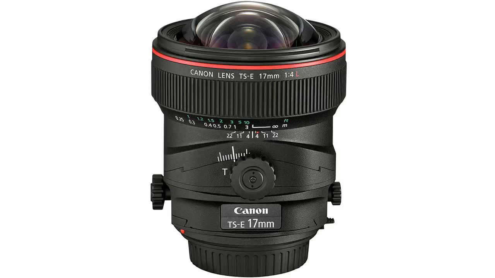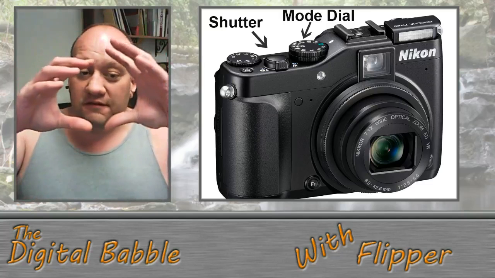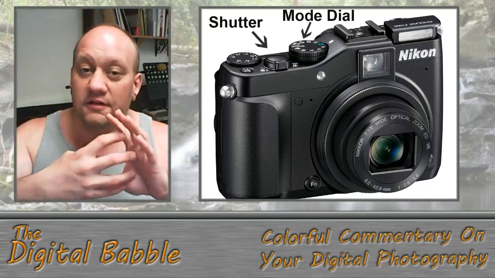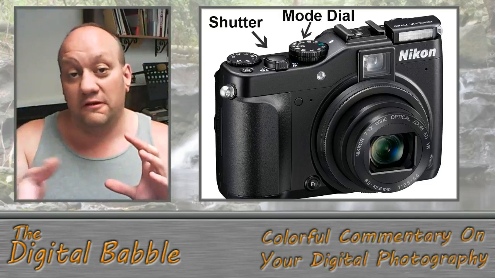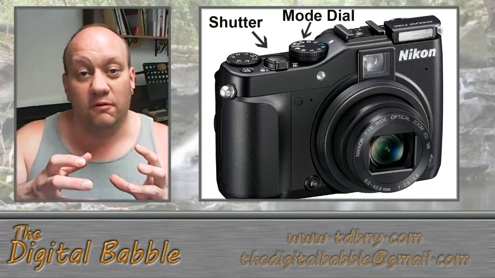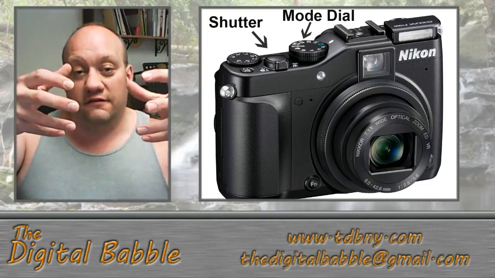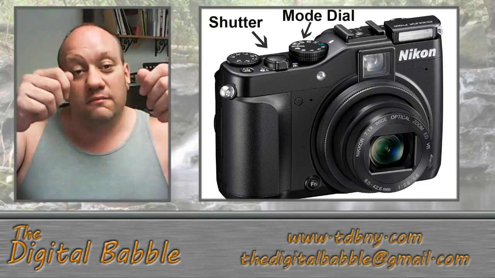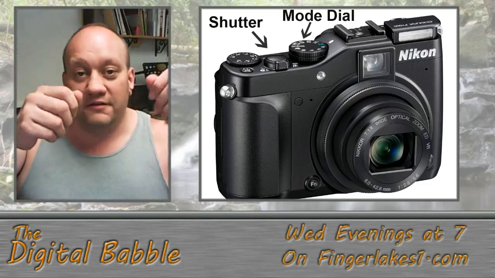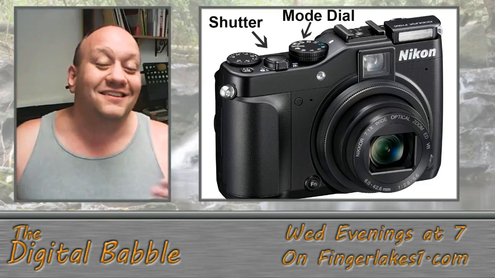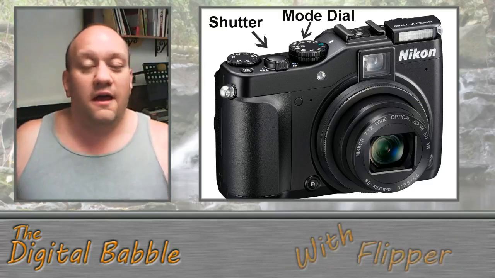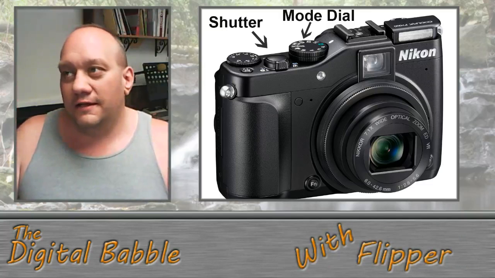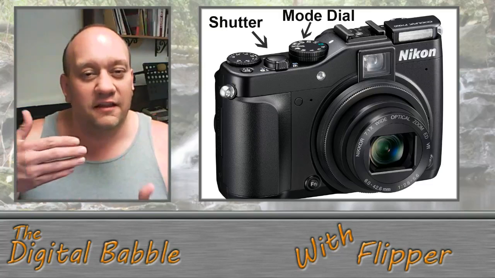You can get the same kind of effect from something a little bit cheaper, which is called a Lensbaby. It's a kind of lens attachment. It goes on your SLR or even on some point and shoots. I think they have a model that attaches to the front of a point and shoot. It's like a bellows, and you can move the element around to get what you want, kind of the same way a tilt shift does, but not so clear, because there's not all that glass inside there.